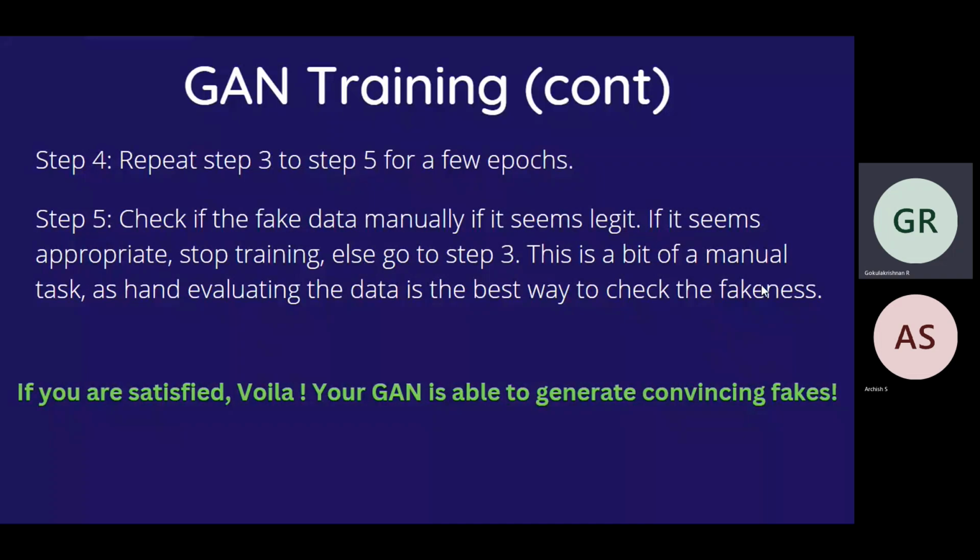In GANs, I will come to the problem later, but the point you need to remember is that you need to keep an eye on the fake data being generated continuously. After each epoch, you need to check the quality of the fakes manually. If it is convincing enough, you can stop the training, because if you continue training even after it's convincingly good, you'll come across some issues, which I'll be discussing now.